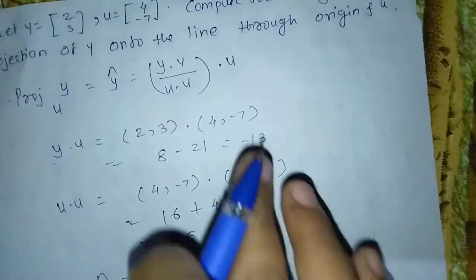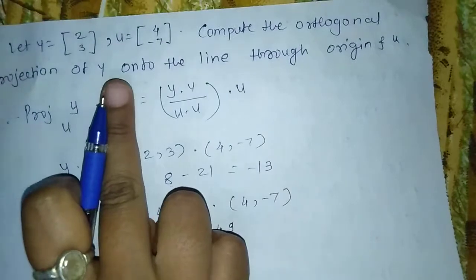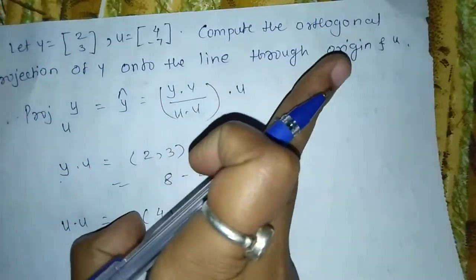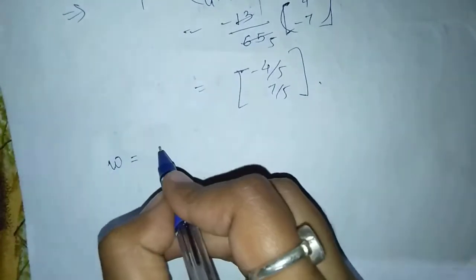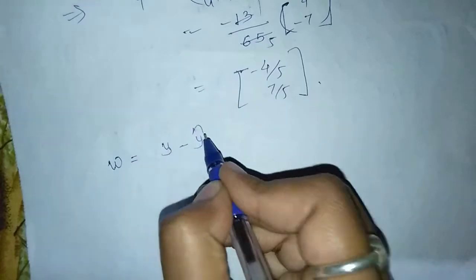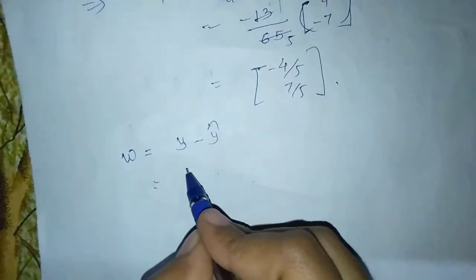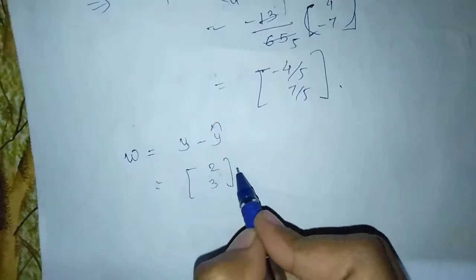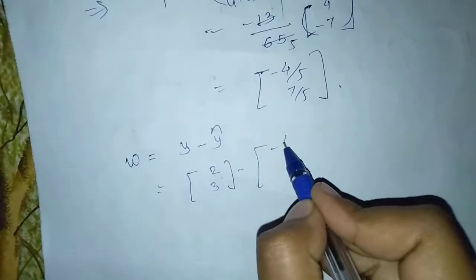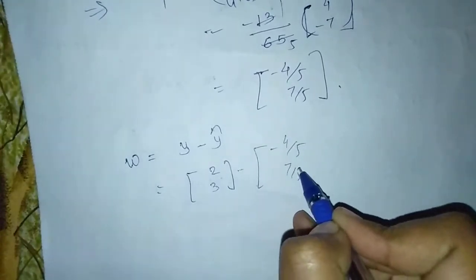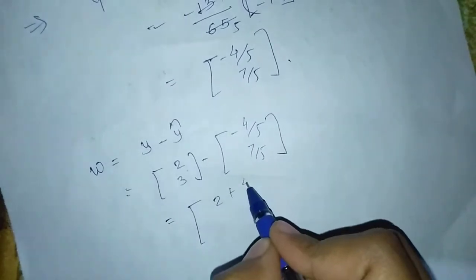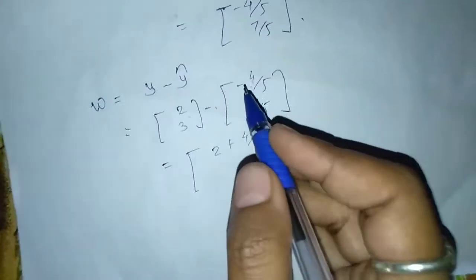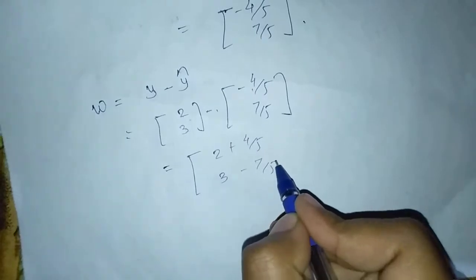Now here we compute the orthogonal projection of y onto the line through origin and u. So next we have to find w. w is nothing but y minus y cap. So y is (2, 3) minus y cap, (-4/5, 7/5), is equal to (2 + 4/5, 3 - 7/5).